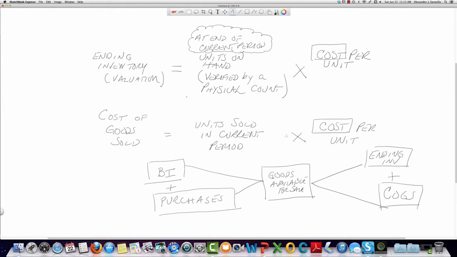So going back to the whiteboard, what happened in this example is that we had 2 units at $350. So that is our beginning inventory, $700. We purchased 16 units, and that is also at the same or constant unit price. So again, we don't have an inventory allocation problem because the inventory unit cost does not change.